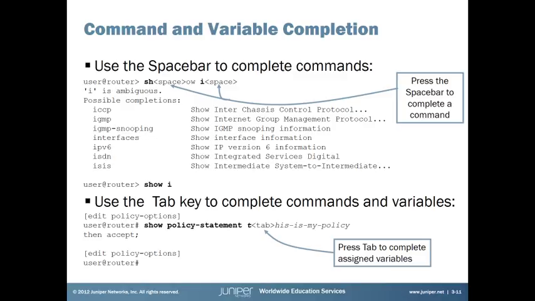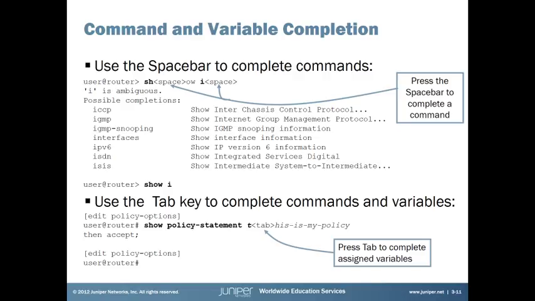So if we were to go SH and use the space bar, but if there were multiple things that started with SH, it won't complete it for you. What it's going to tell you is, hey, there's lots of things that I could have completed with SH.